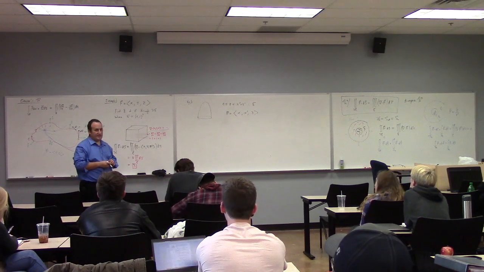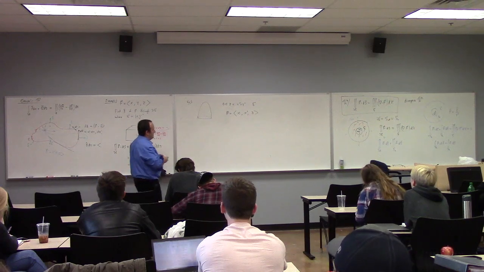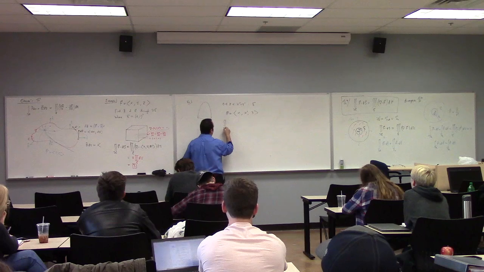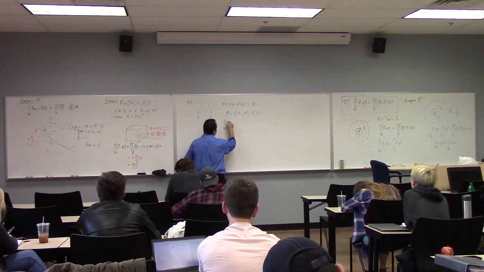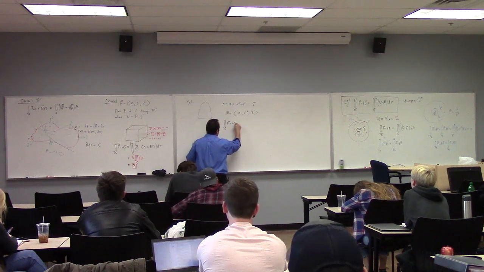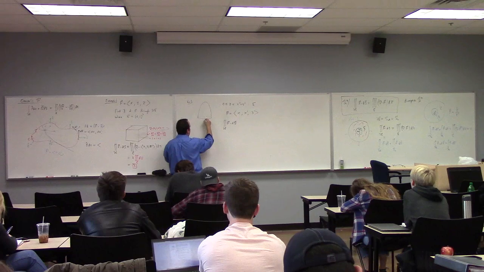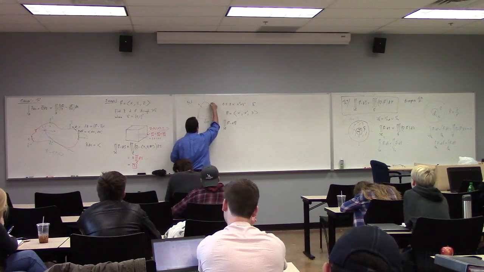Now, to do it directly, we'd have to parameterize what? There's two things you have to think about, right? The boundary of E. If I want to calculate the flux of F through the boundary of E, that would be kind of a pain, because there's two edges. There's the dS down here, and there's also the dS over here.